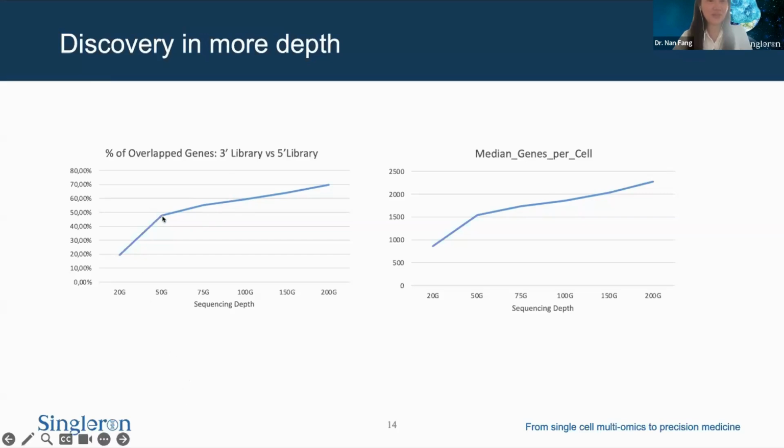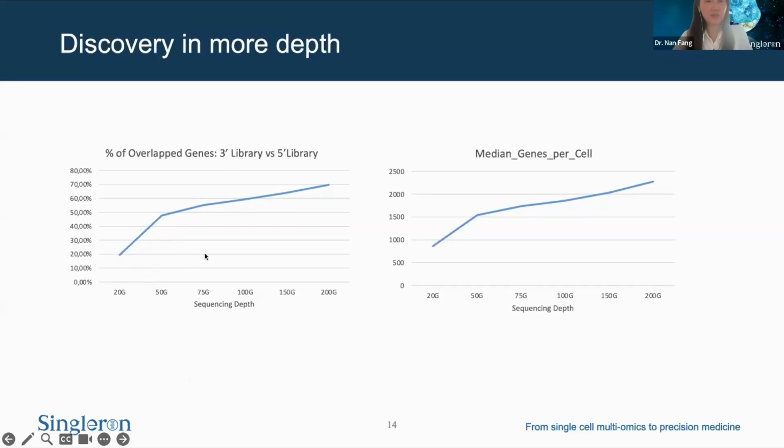And as you can see here, we do have overlap, and also with the increase of sequencing depth, if you look at the left panel, we see at the first phase a linear increase of the percentage of reads or genes that overlap between those two methods.